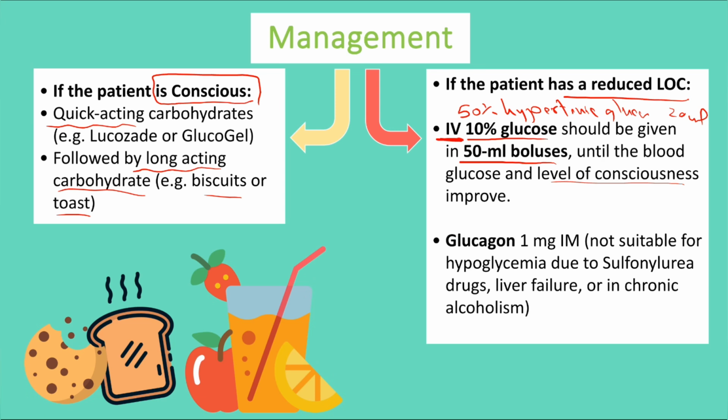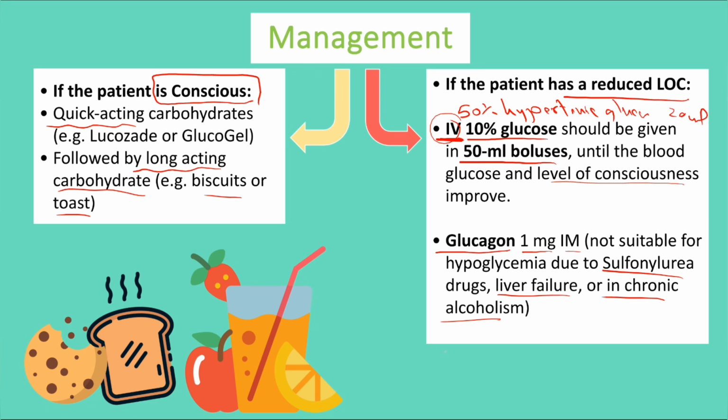If you don't have an IV, you may try glucagon if available. Glucagon 1 milligram IM could be used, but it is not suitable for patients with hypoglycemia due to sulfonylurea or liver failure or chronic alcoholism.